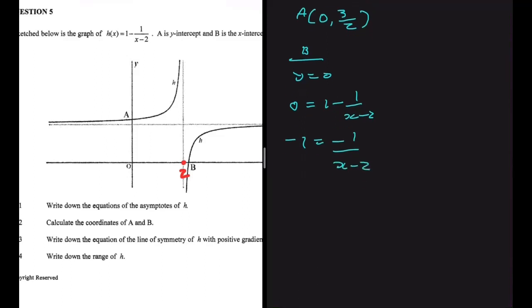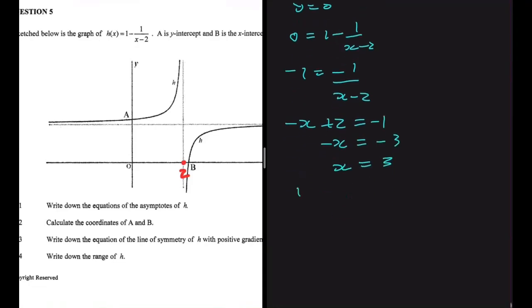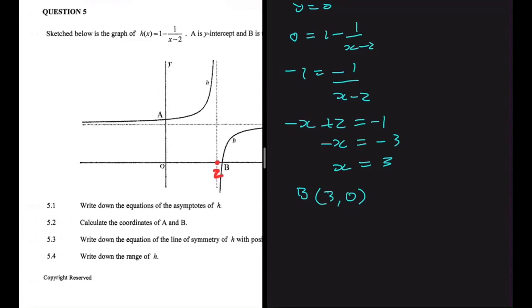If we do that, we're going to get minus x plus 2 is equal to minus 1. So we're going to have minus x being equal to minus 3, so x is equal to 3, right? So we have our coordinate B with 3 for the x value and 0 for the y value. Just like that, we have A and B.